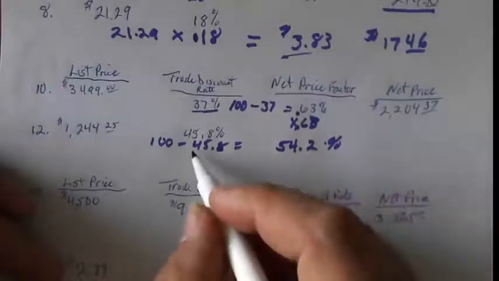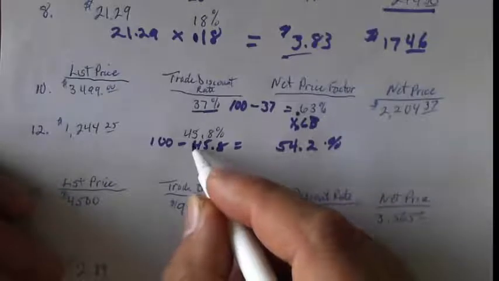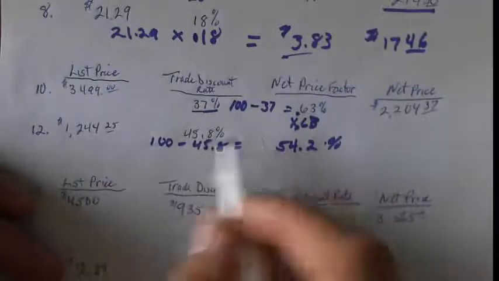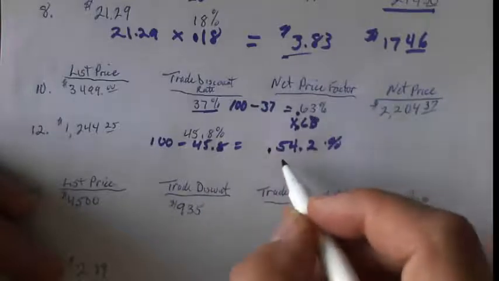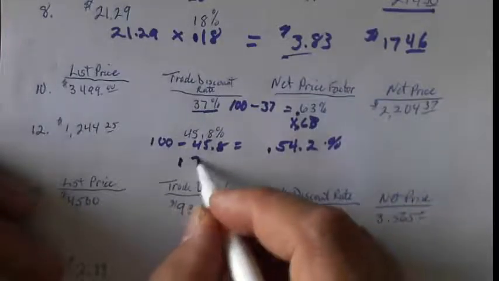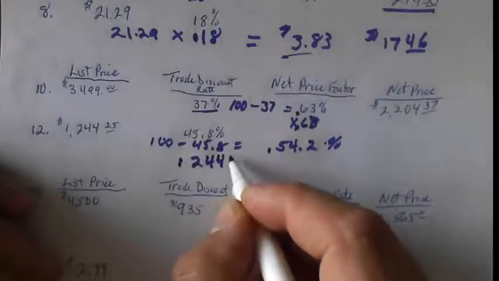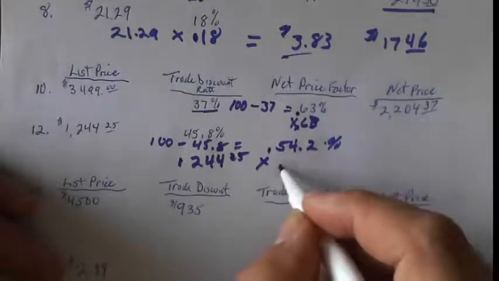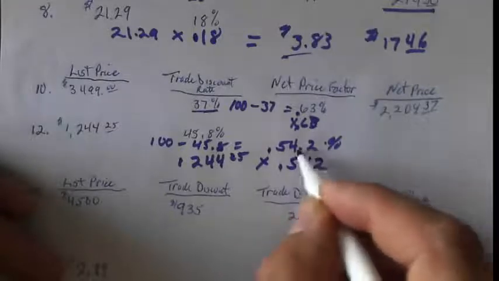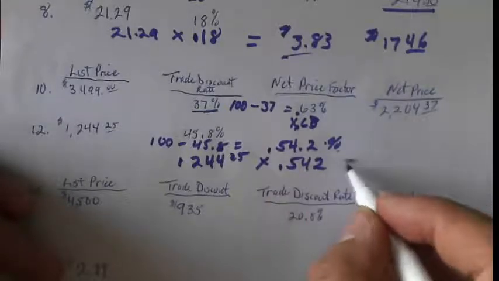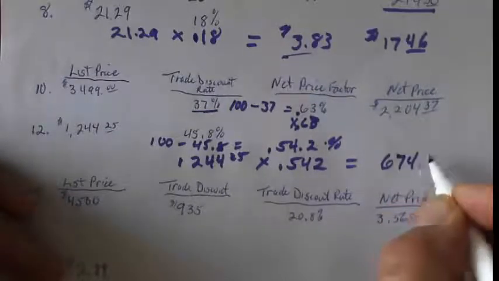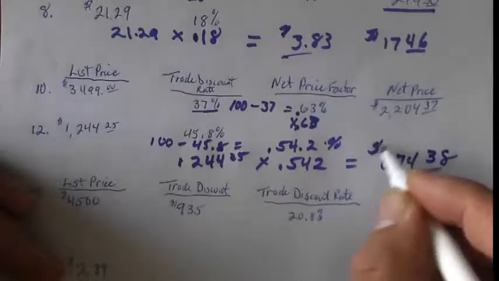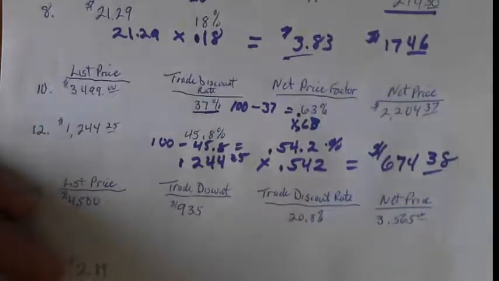Okay, so we could either multiply the 45.8, get our answer, and subtract it, or since we've already subtracted, since they asked for that, we then would multiply the 1,244.25 times 0.542, because we move it over to a pure decimal, right? Okay, and then we would get 674.38 when we plug it into our calculator. So either way to do that, it does not matter.